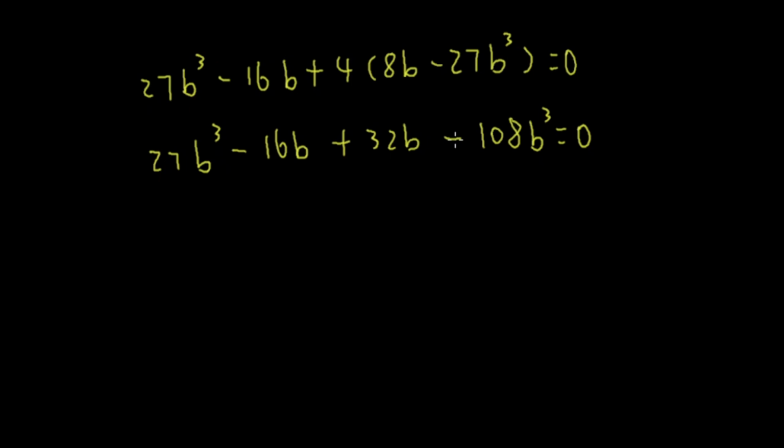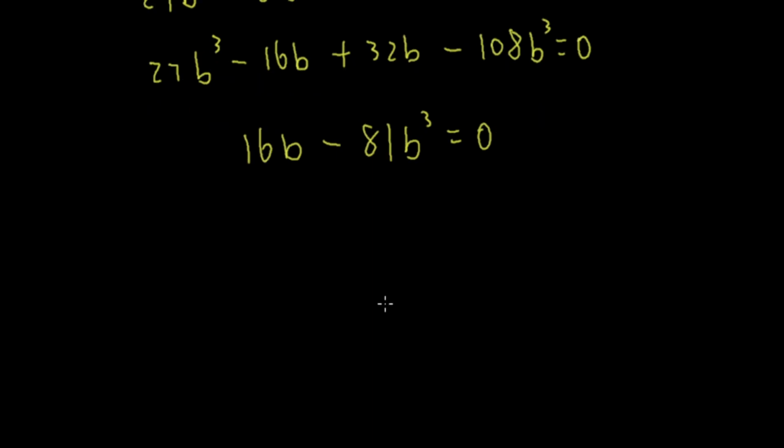Now group the right terms. This will become, now this is 16b minus 81b cubed equal to 0. Divide both sides by b, right?